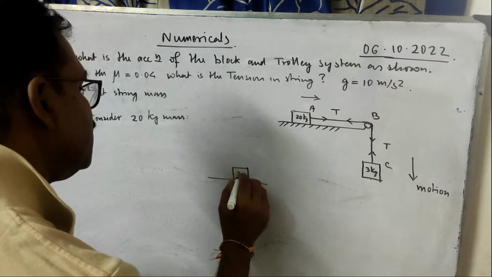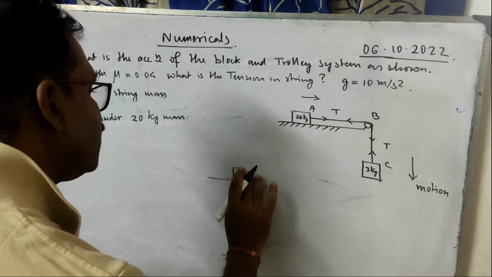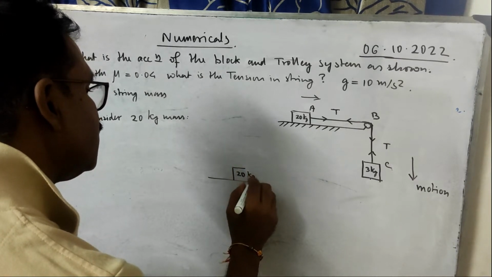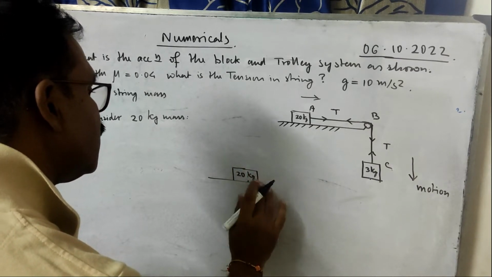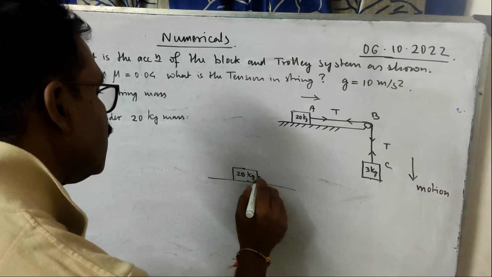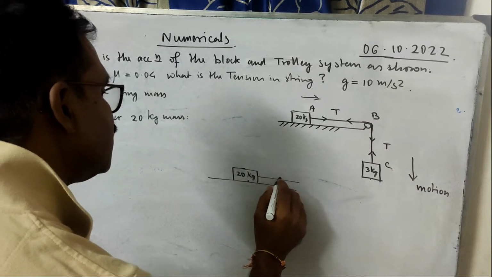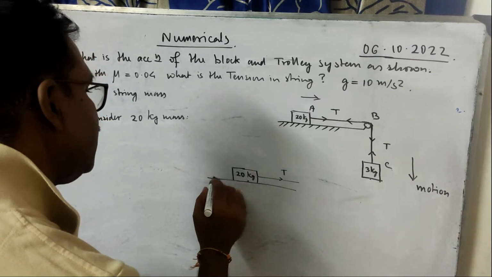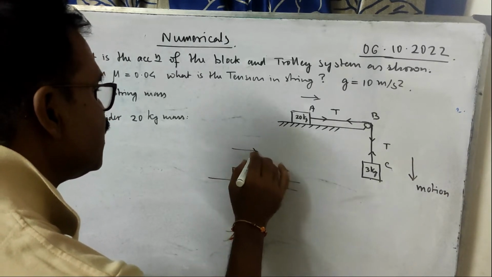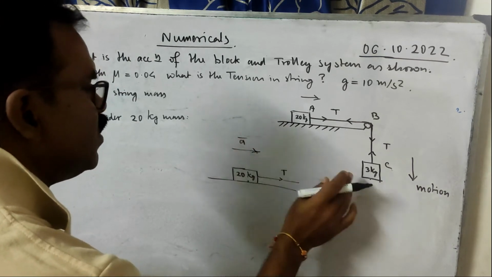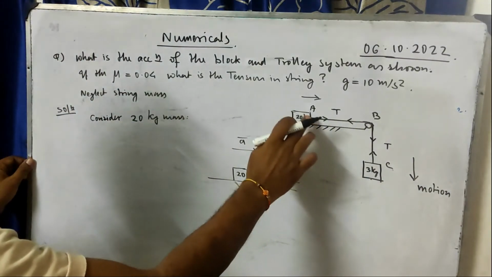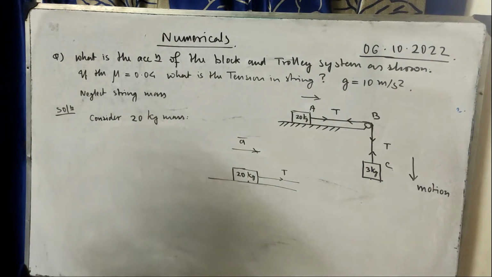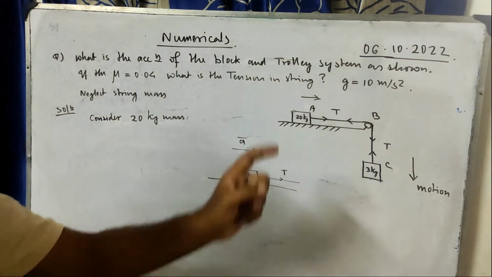This is 20 kg. This is your string, so this is your T, right? And here, because the motion is in this direction, if this is accelerated by A, then this will also be accelerated by A, isn't it? Because the same system, no?